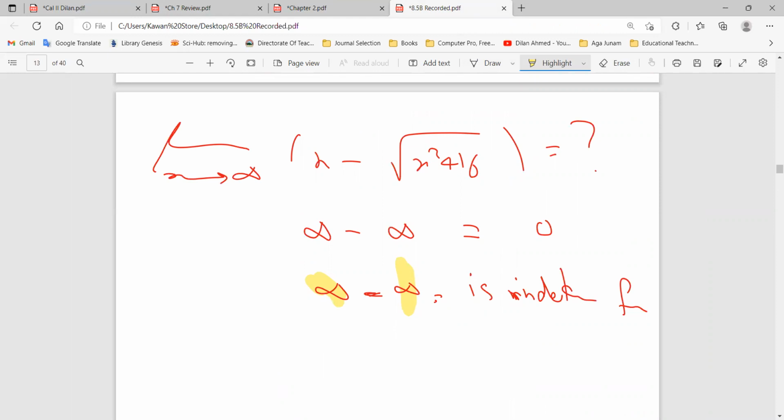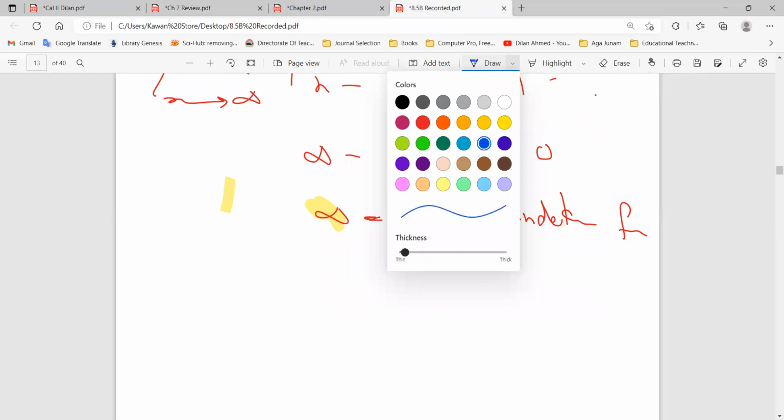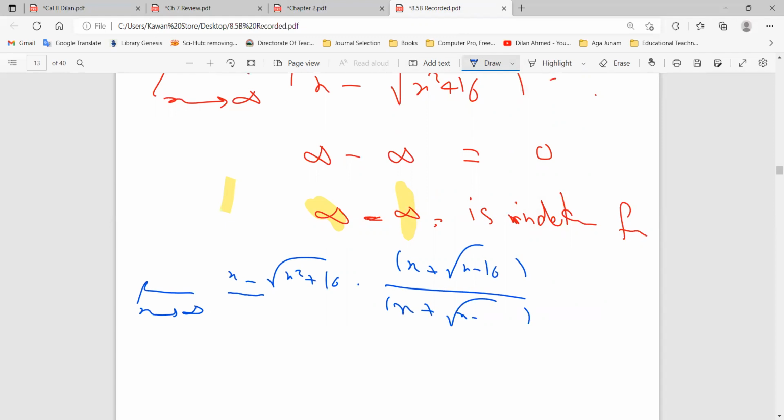You see that. Okay? Because I will get infinite minus infinite, that's why I say the limit as x approaches infinity of x minus the square root of x squared plus 16, multiplied by the conjugate, x plus the square root of x squared plus 16.